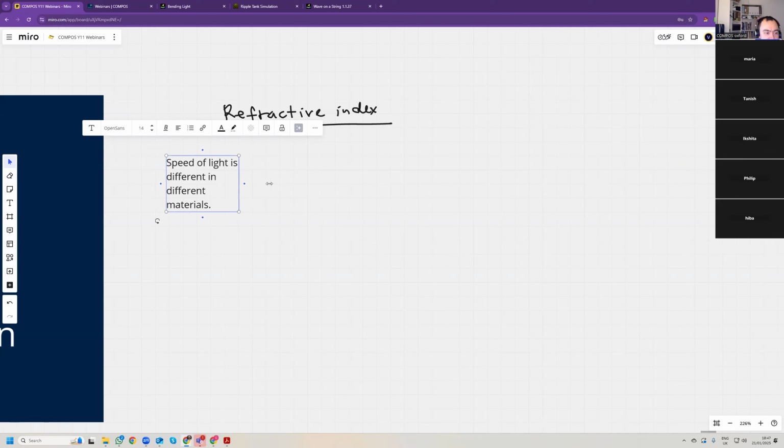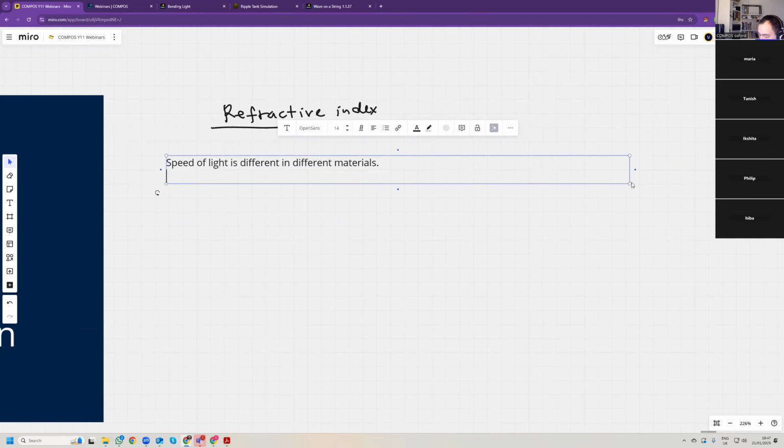The fastest light can travel is in vacuum. Light is fastest in a vacuum.